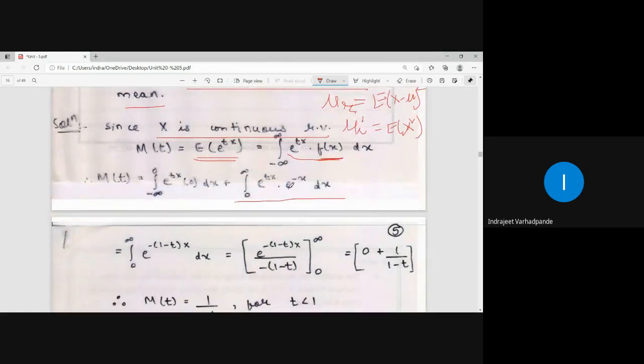So bases are same, powers get added, so I can have it as minus e to the power of minus (1 minus t) x. Now someone may say, sir, for tx minus x you could take x common, it will be t minus 1 into x. But intentionally, why do I want the negative here? Because if you put the upper limit as infinity, t minus 1 into infinity will be infinity, and e to the power infinity will give the answer as infinity.